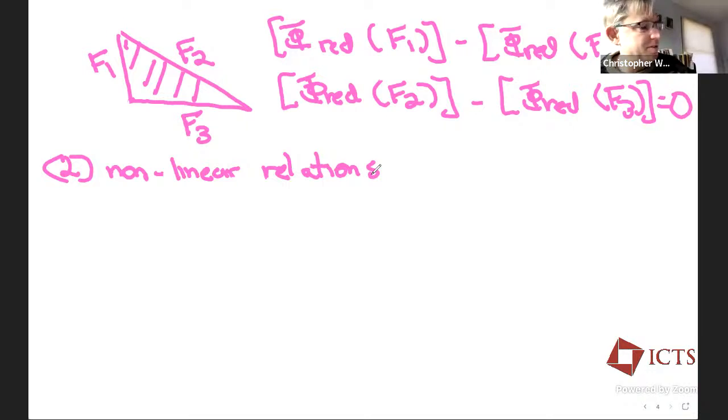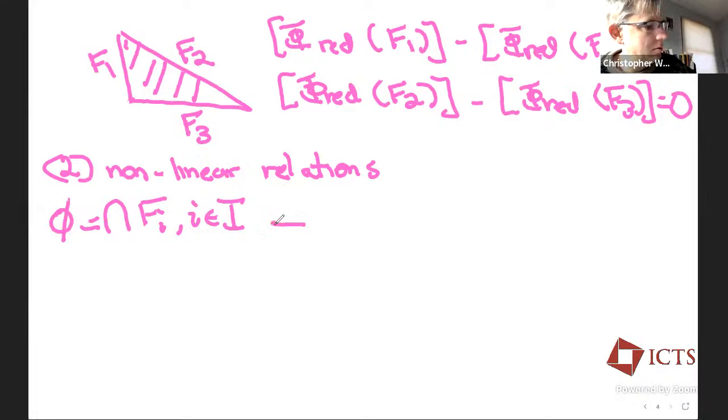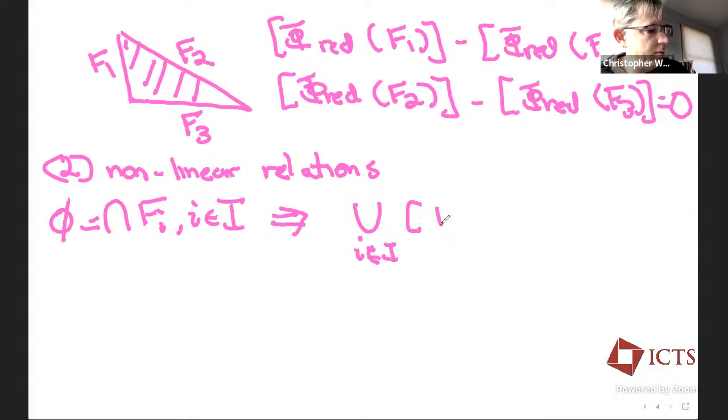The nonlinear relations say that whenever you have some collection of facets whose intersection is empty, then the corresponding cup product of these cohomology classes is 0.